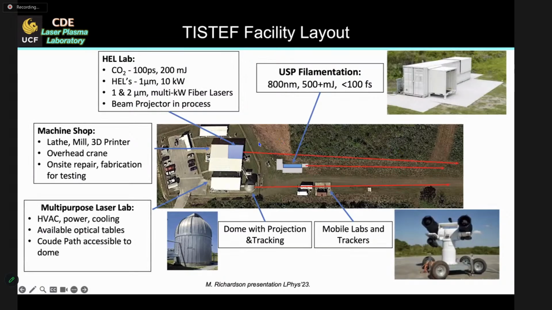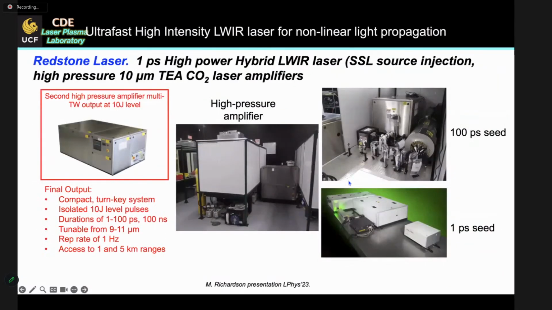Just a very quick overview of the overall facility that we have at the TISTEF laser facility. TISTEF is now part of the Center for Directed Energy at UCF, a much larger organization. And now we have several laser systems being implemented at this facility. I might also add that at this facility, we're also implementing a new ultra-fast laser system. This is a long wavelength laser system at 10 microns.